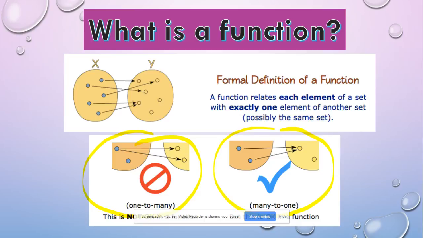We do not have a function because in my inputs, this input is mapping to two outputs. But the definition of a function is exactly one output. If we look in picture 2, this input is mapping to one output, and this input is mapping to one output. It's okay that they're both mapping to the same output.